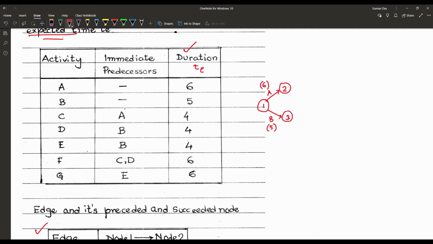A is the immediate predecessor of activity C, so we draw C after A, with duration 4, and draw another node here, marked 4.